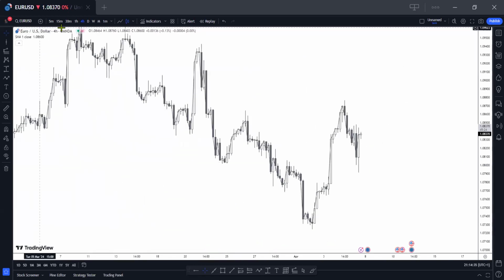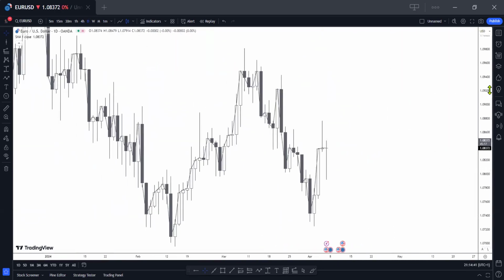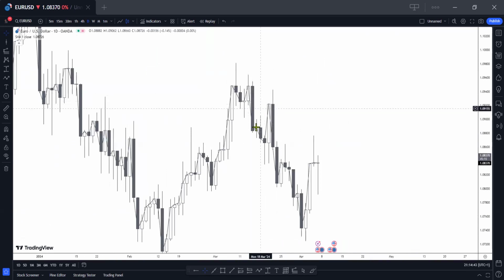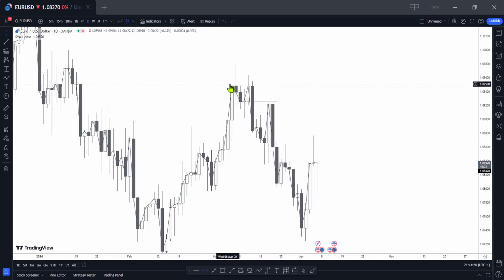Let's see the daily level, and the importance of what we learned. Price came to this level, broke out, and retested. Breakout, retest.